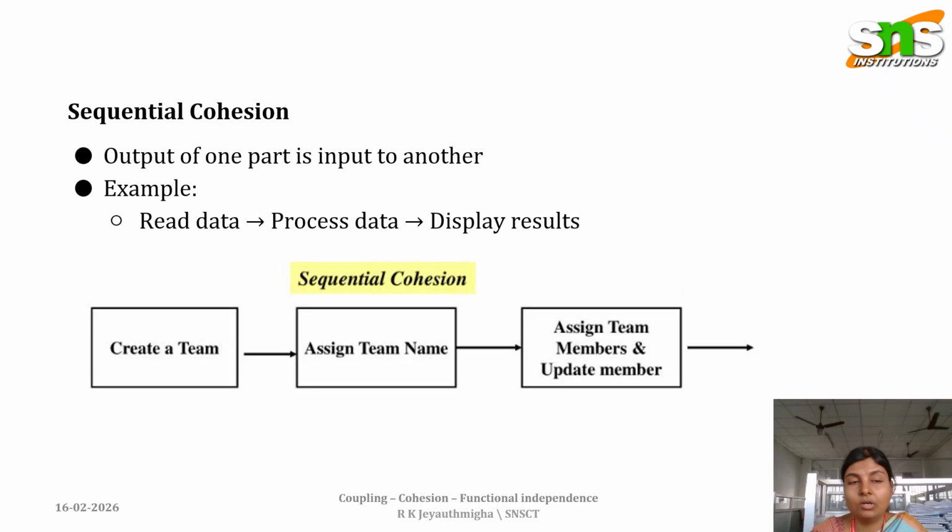Sequential cohesion. Output of one part is the input to the other. Example, read data, then process data, and then display the results. Sequential cohesion example, create a team, assign team name, and after assigning the team name, update the members.